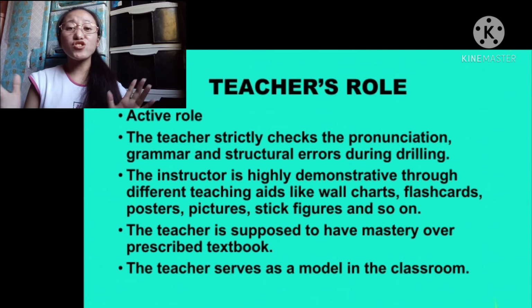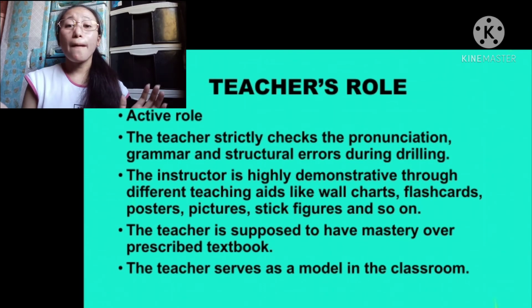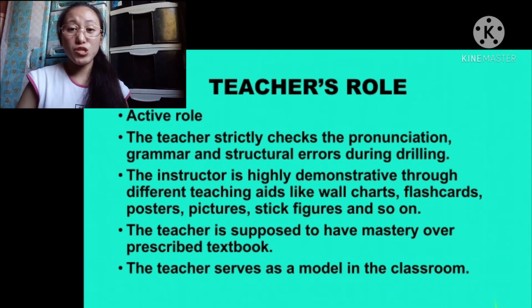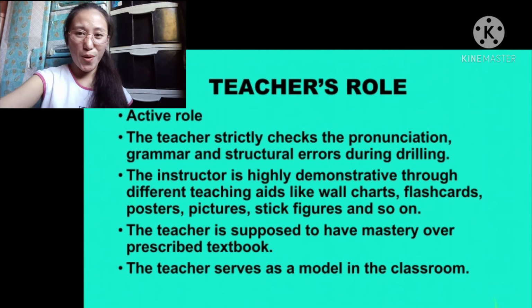On the other hand, the instructor is highly demonstrative through different teaching aids like wall charts, flashcards, posters, pictures, stick figures, and so on. Then the teacher is supposed to have mastery over the prescribed textbook. Then the teacher serves as a model in the classroom.